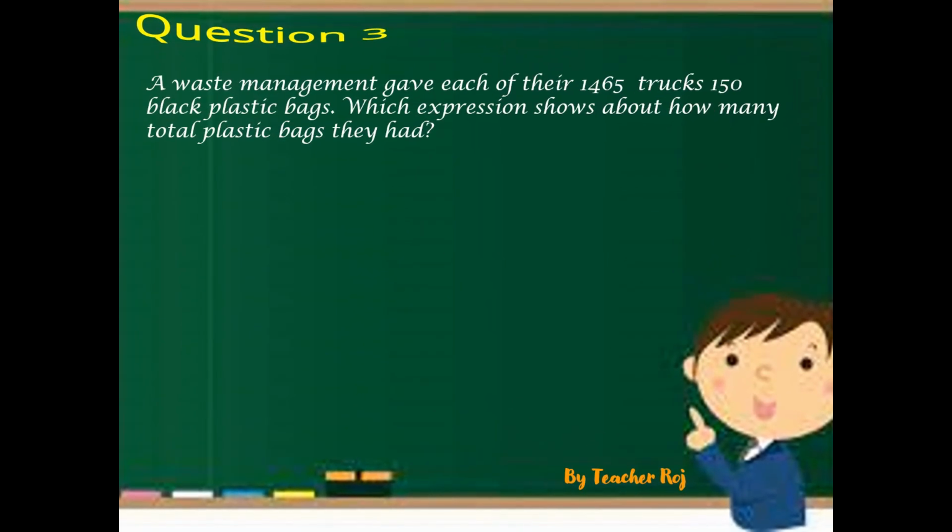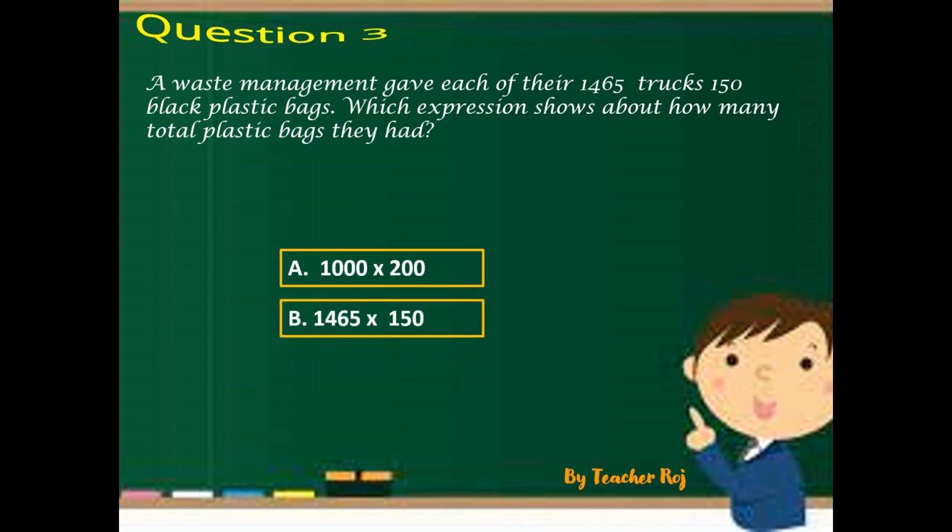A waste management gave each of their 1,465 trucks 150 black plastic bags. Which expression shows about how many total plastic bags they had? A. 1,000 times 200. B. 1,465 times 150.